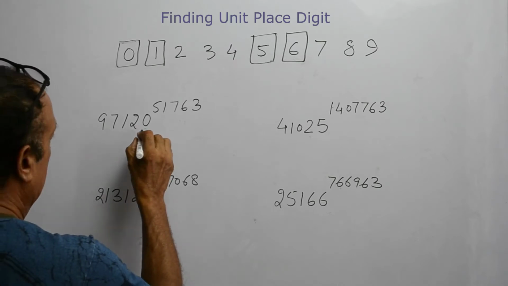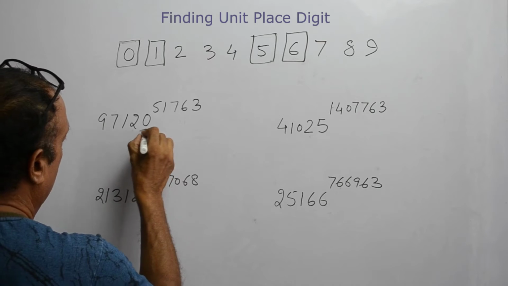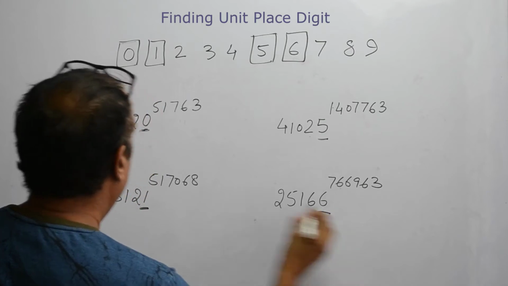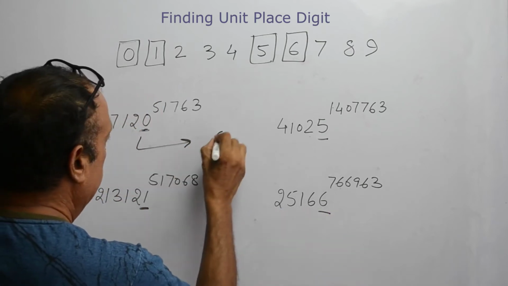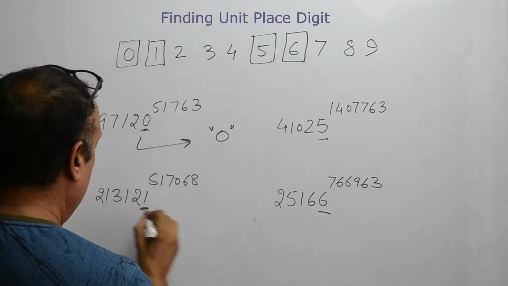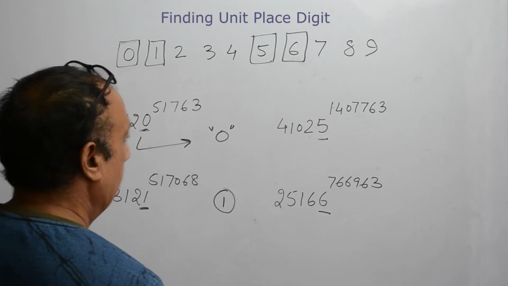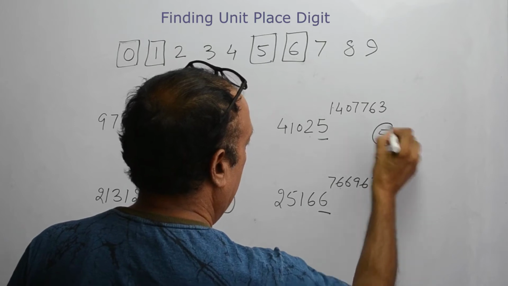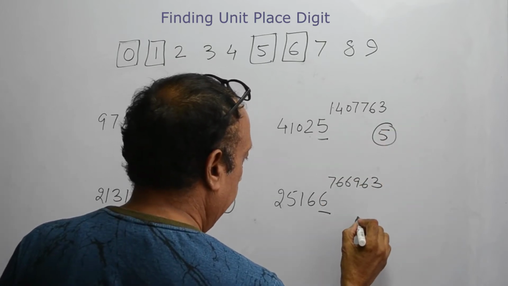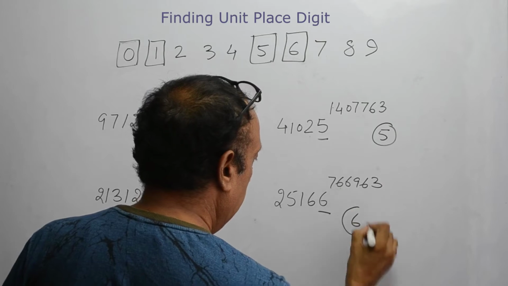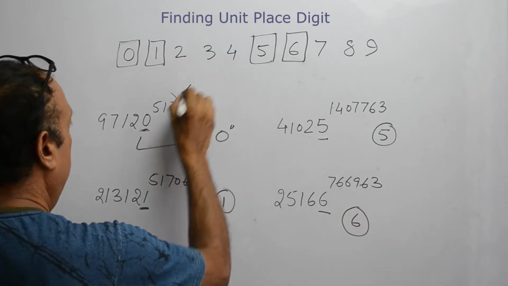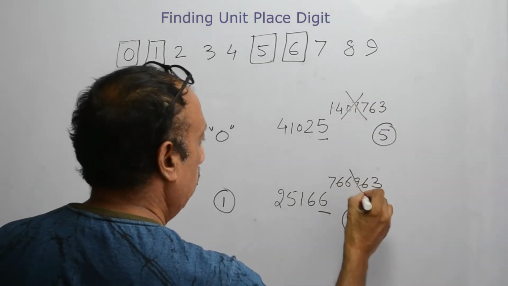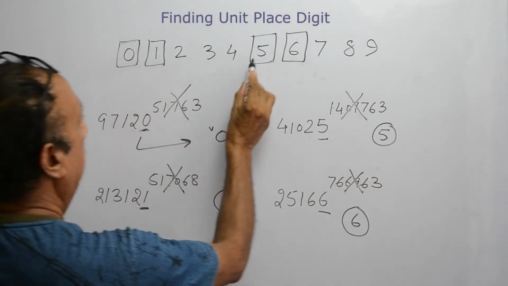If the last digit is 0, the expression will have 0 as the last digit; if it is 1, it will have 1 as the last digit; if it is 5, it will have 5; and if it is 6, it will have 6 as the last digit. The value of the power doesn't matter in case of 0, 1, 5 and 6.